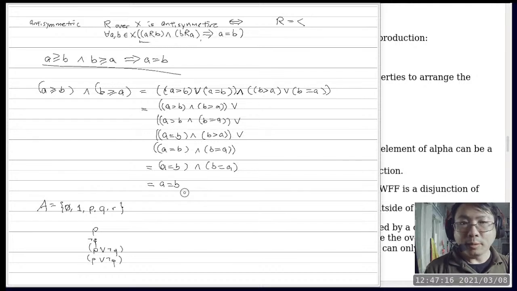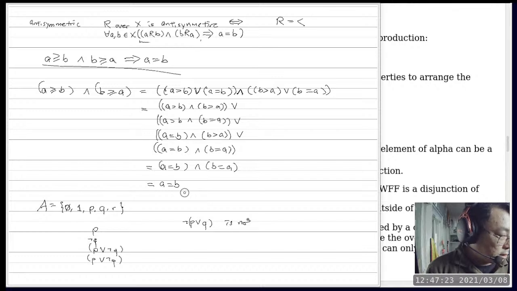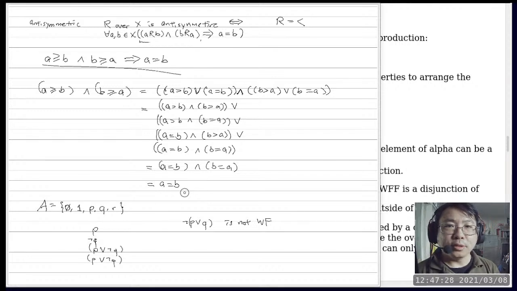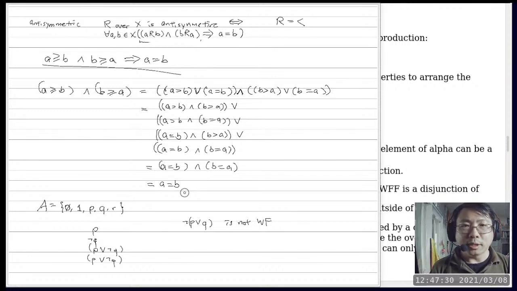Then what is not well-formed? The negation of P or Q is not well-formed, because the negation is no longer applied to just one of the things from alpha. So that's why it is not well-formed.